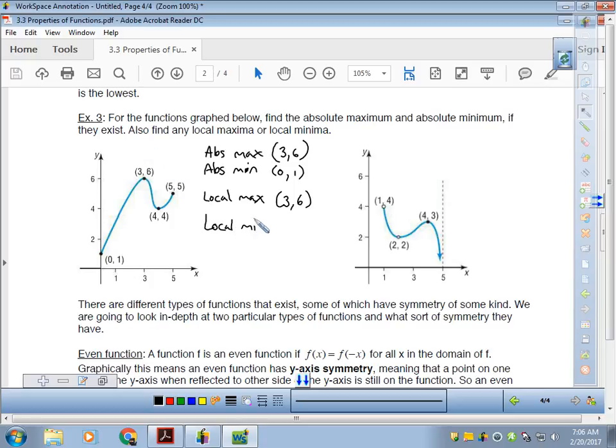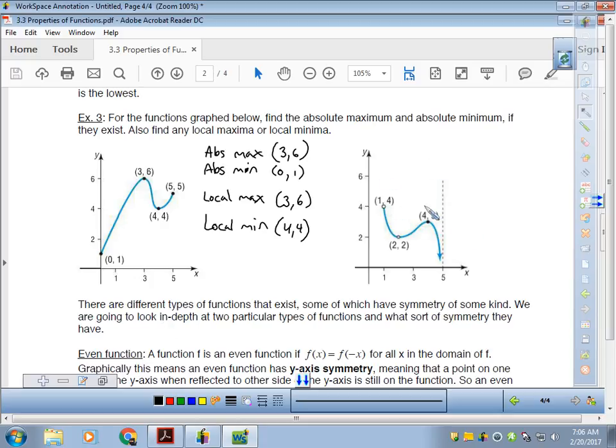All right. Local minimum. For local minimum, remember we look for decreasing to increasing. Are there any places where it goes decreasing to increasing? Yeah, right here. So it's this point right here at 4, 4. And notice the local minimum is not the absolute minimum. They're different. The absolute minimum is way down here. The local minimum is only right there.